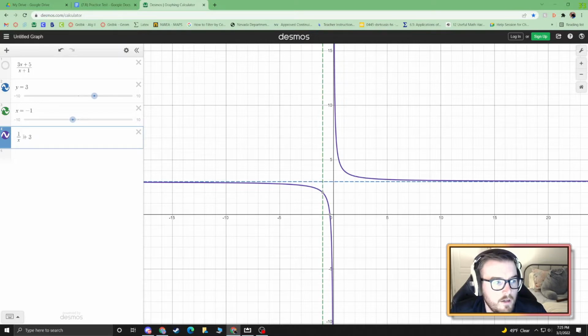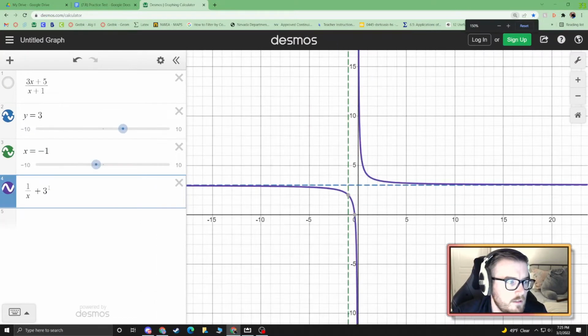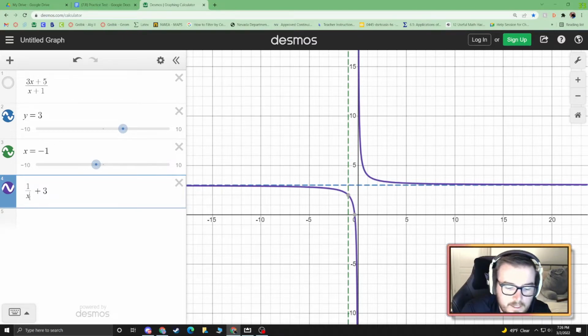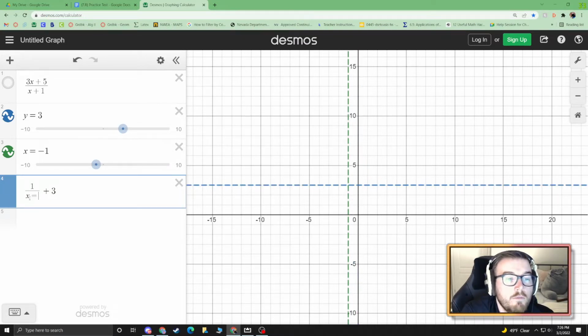I have 1 over x plus 3 here. But my vertical asymptote is different. How do I change the vertical asymptote? By affecting the h. I want a vertical asymptote at -1, so I'm going to have x plus 1 in the denominator.